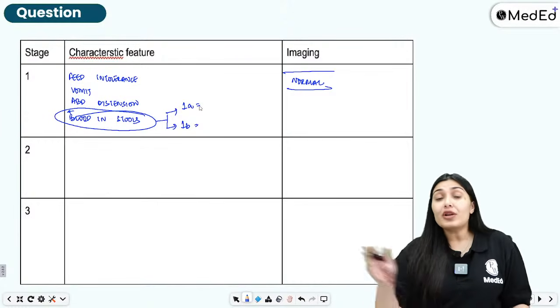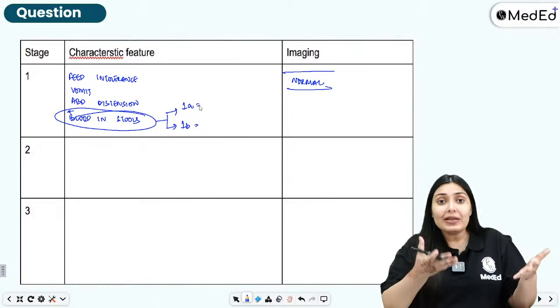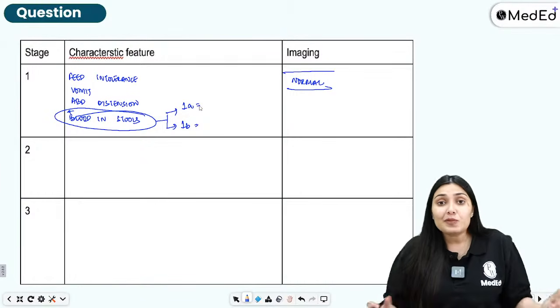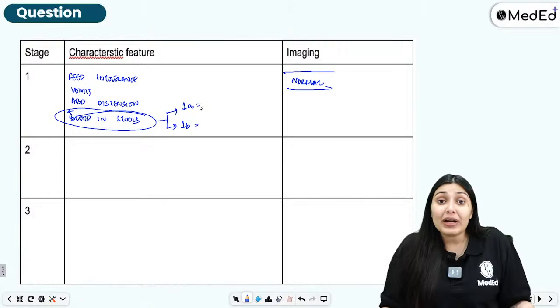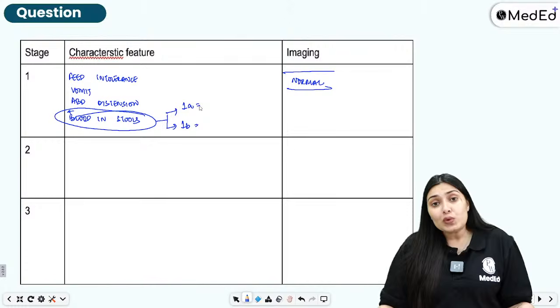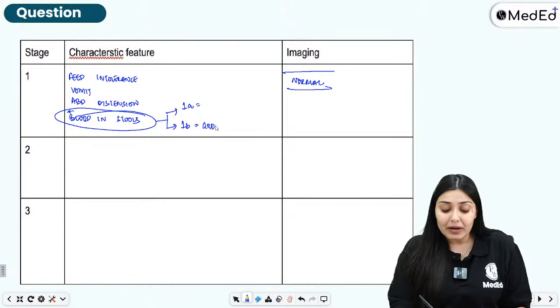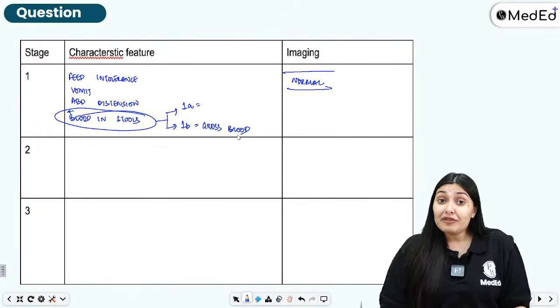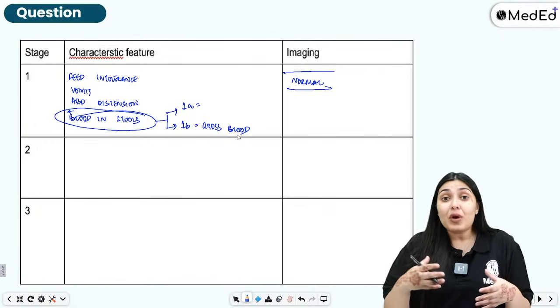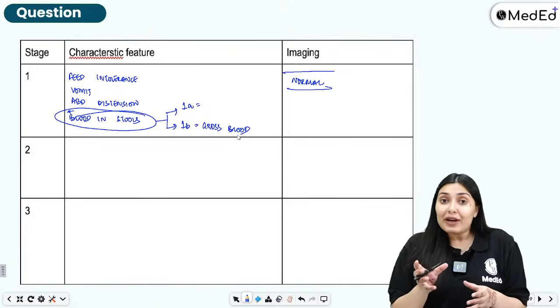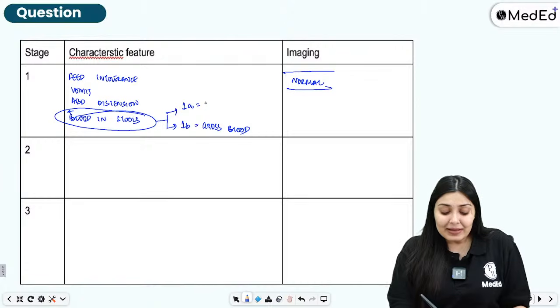If there is gross blood in stools, that is, you can visibly see that there is blood in the stools, even the mother can tell you, look doctor, the stools have blood, this is 1B. But if there is occult blood, that is, you have to look at the stool under the microscope to see RBCs, then it will be 1A.